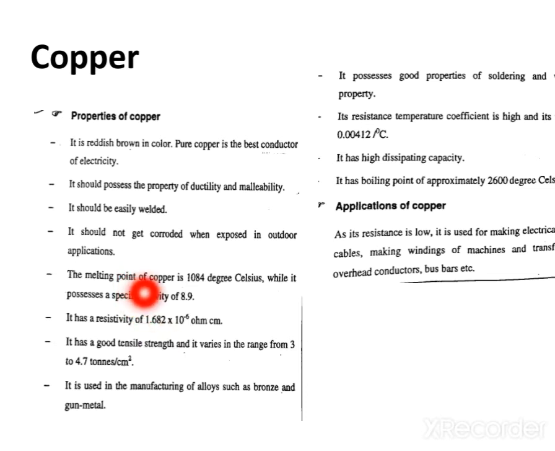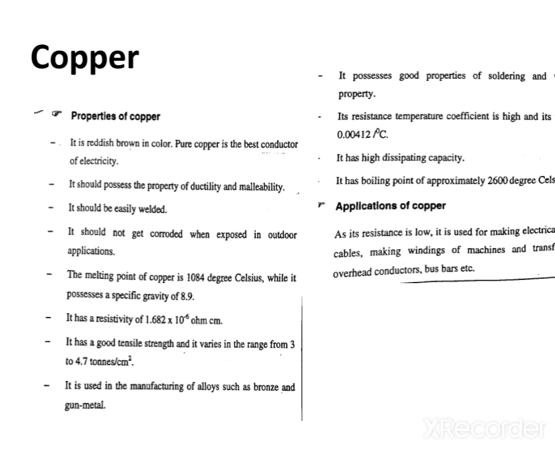The melting point of copper is 1084 degrees Celsius, the specific gravity is 8.9, and the resistivity of copper is 1.682 into 10 raised to minus 6 ohm centimeter. The tensile strength of copper is good and it varies from 3 to 4.7 tons per centimeter square.